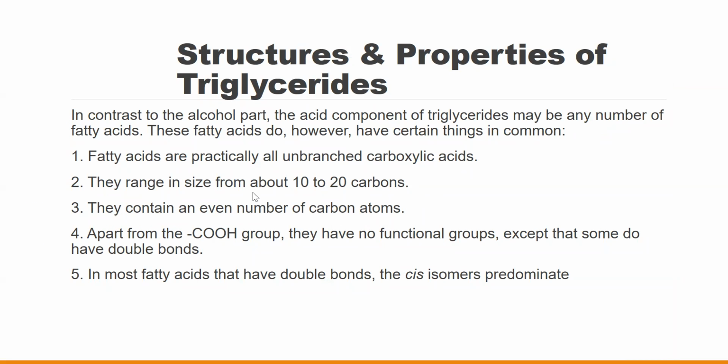Carboxylic acids, they range in size, about 10 to 20 carbons, and they contain an even number of carbons. You've noticed that, I don't know why God chooses the structures to be even, but usually in nature, the fatty acids are even in numbers. Apart from the COOH group, they have no functional groups except that some do have double bonds.